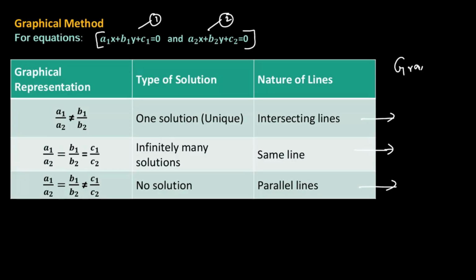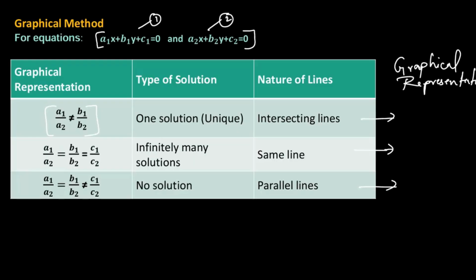This is the graphical representation. I will show here. So a1 by a2 is not equal to b1 by b2. Whenever a1 by a2 is not equal to b1 by b2, that time we get only one solution.